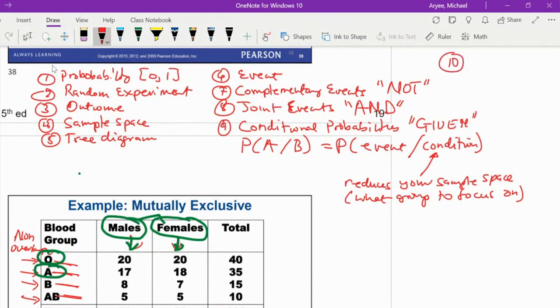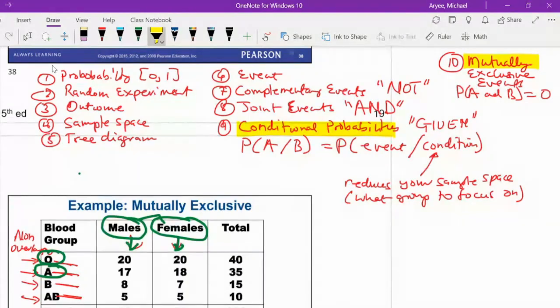Then we also started looking at mutually exclusive events, and we said that for mutually exclusive events, P of A and B is 0. Now note that for conditional events and mutually exclusive events, in both situations, there are usually more than one event, right?